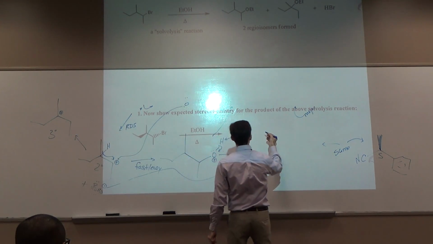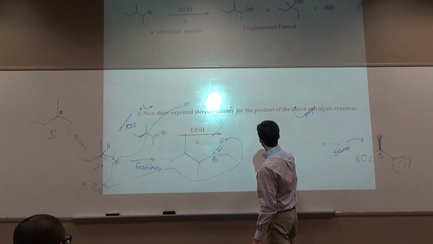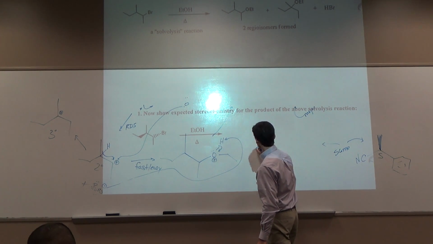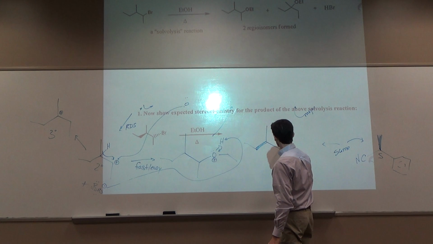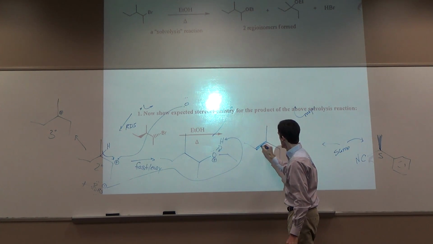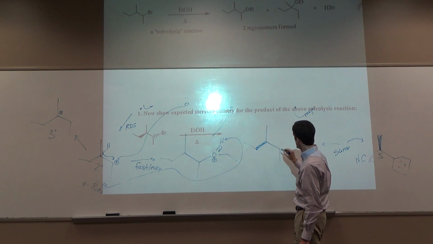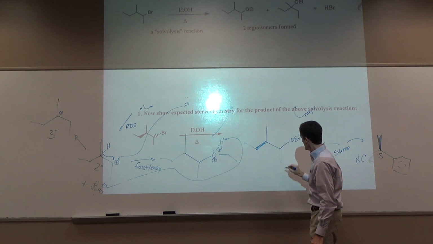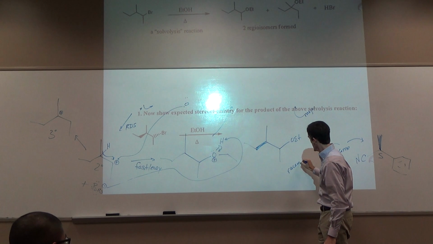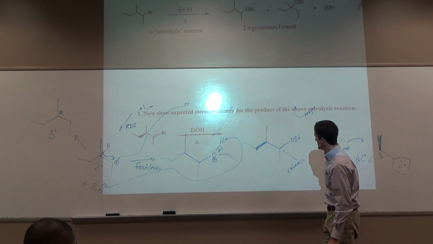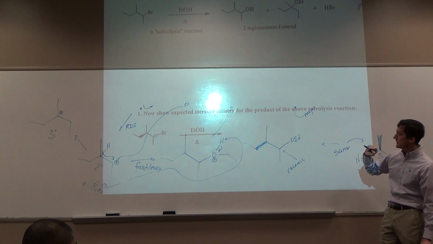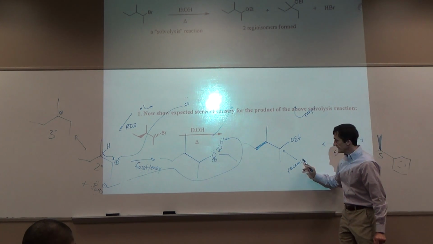So if we drew this, we're going to redraw the products, but with stereochemistry, same products. We're going to keep the stereochemistry, that would be bolded. But this would be racemic, which means I got two structures.